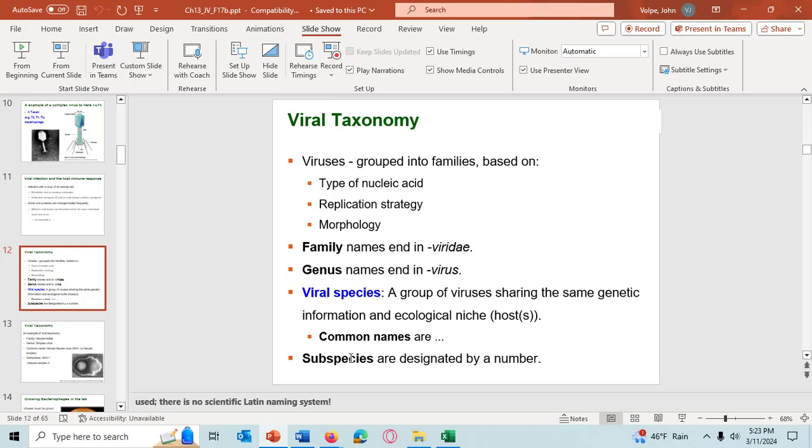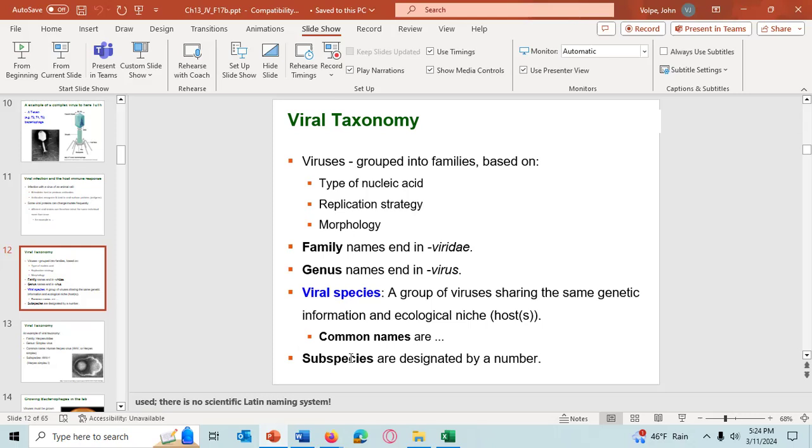A more important distinction between the subspecies is, let's talk about the poliovirus. We have poliovirus subspecies 1, and it causes the disease that we call polio. On the other hand, poliovirus subspecies type 2 is the vaccine that we use to vaccinate people against polio.